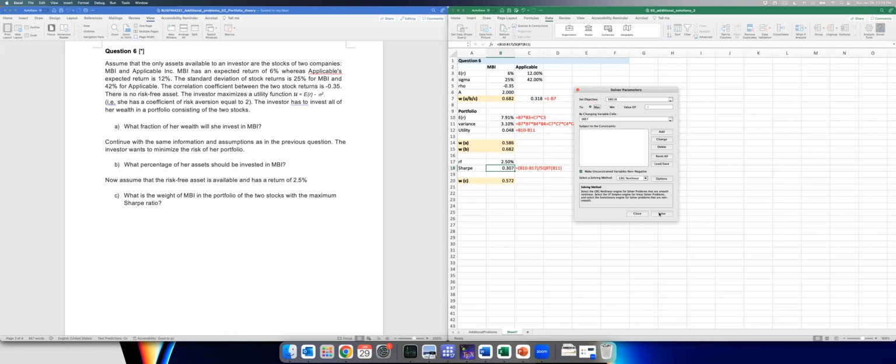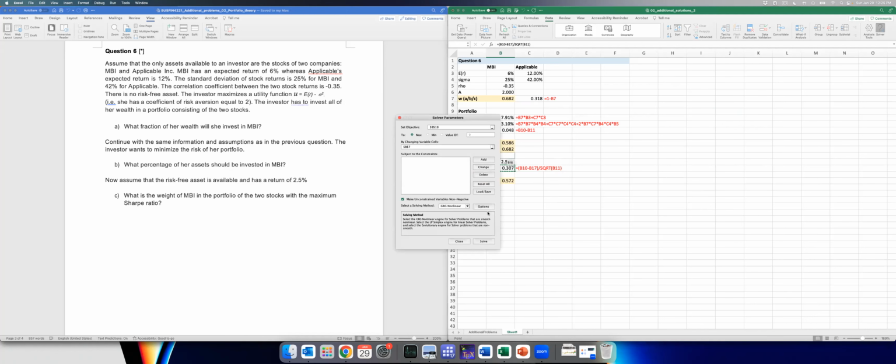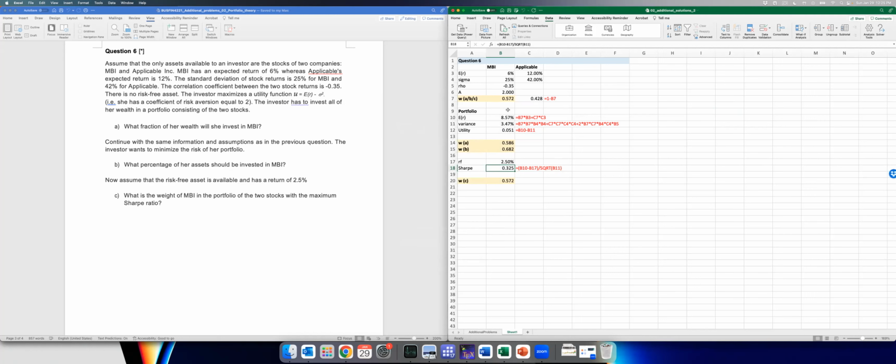So you click solve again. And the solver gives you a solution of 0.572. So the optimal weight of NBI that maximizes the Sharpe ratio is 0.572.